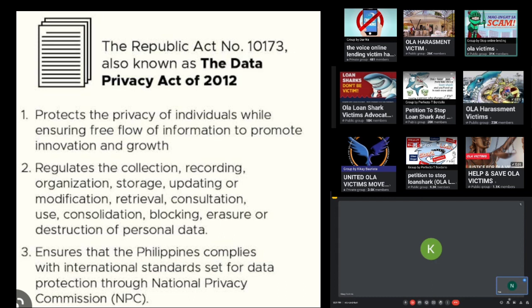So hindi natin alam na may mga downside pala yun. Most especially yung violate nila is our data privacy. Okay, so for tonight, we will learn about it and ano yung pwede natin gawin on it.